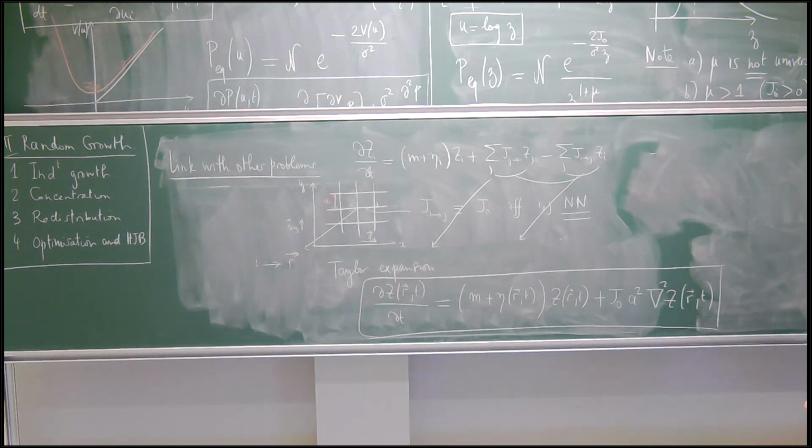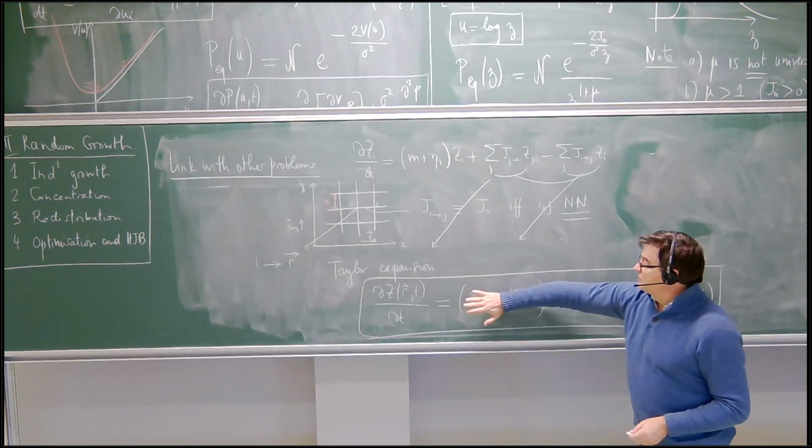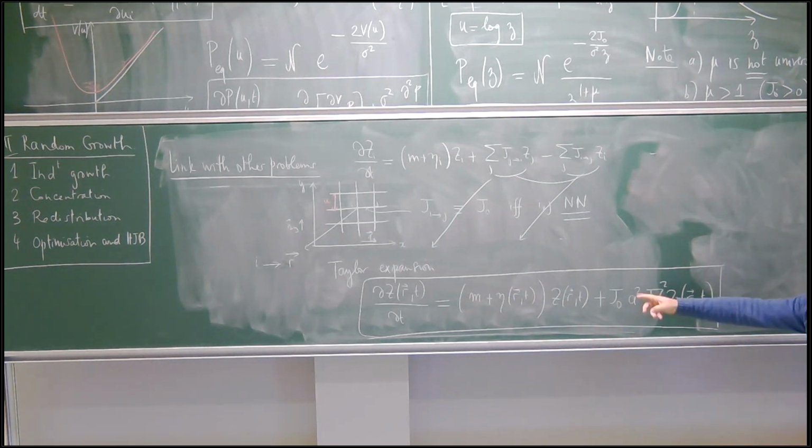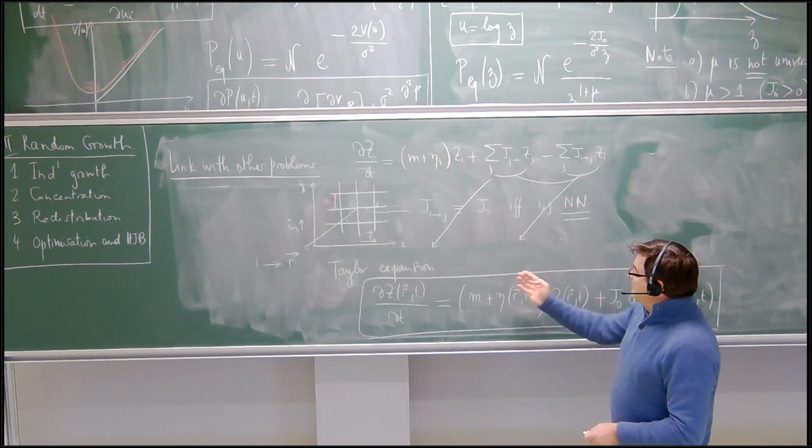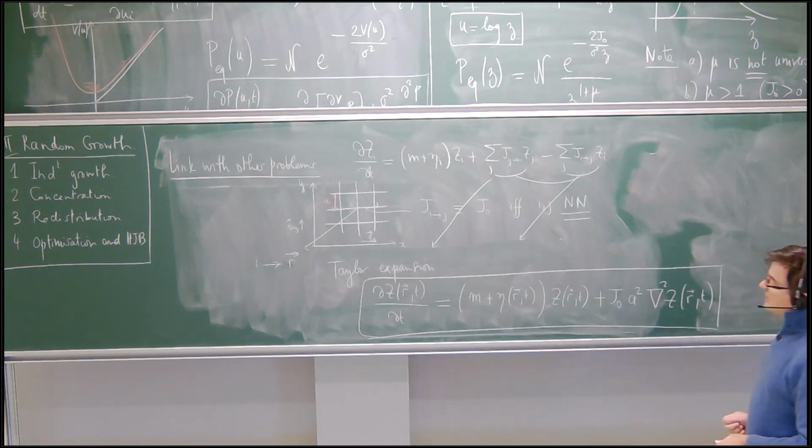So let's reflect on this. We have a term that is just a diffusion term. If I didn't have growth, I would have a pure diffusion equation, also called the heat equation. And now on top of the heat equation, I'm throwing in a term that describes random growth.